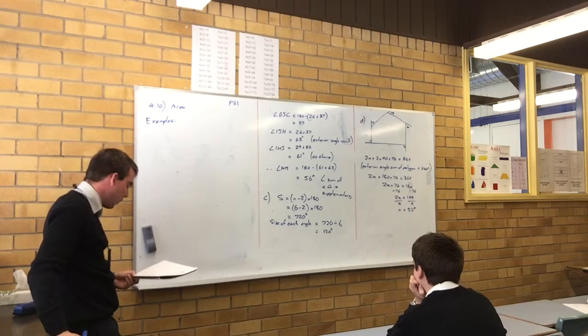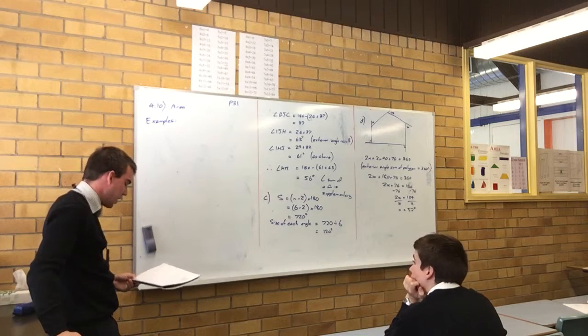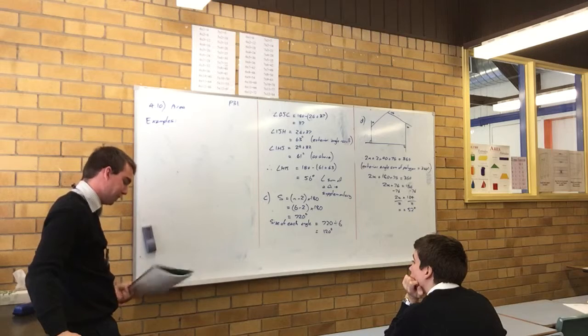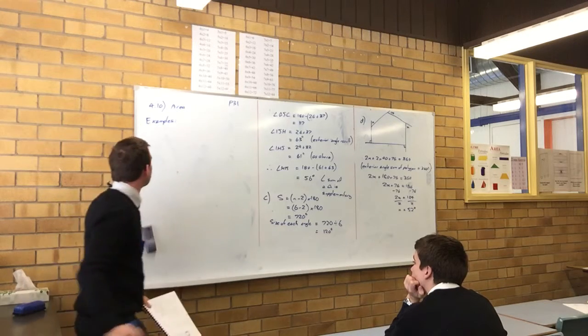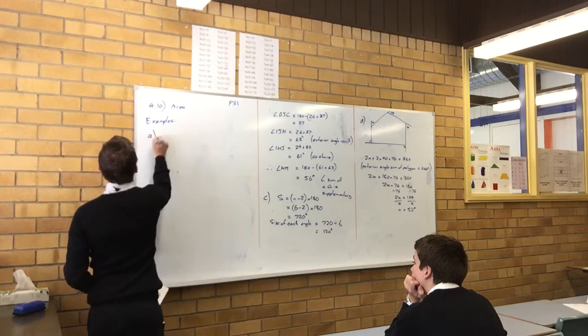Those are the formulas for the basic shapes. Yes, you need to know them. Yes, you should have covered them before in your junior schooling. So I'm going to go straight to the example and apply some of them.